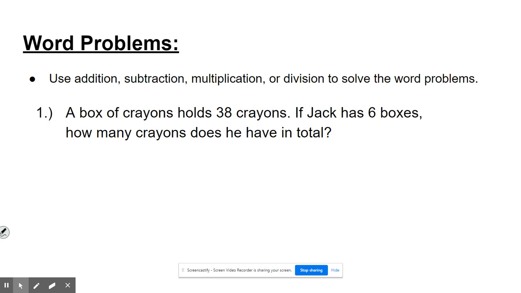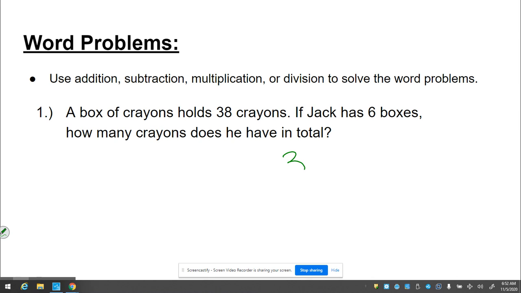All right, so our question reads: a box of crayons holds 38 crayons. If Jack has 6 boxes, how many crayons does he have in total? So there's 38 crayons in one box, and he has 6 boxes. I think this might be multiplication.